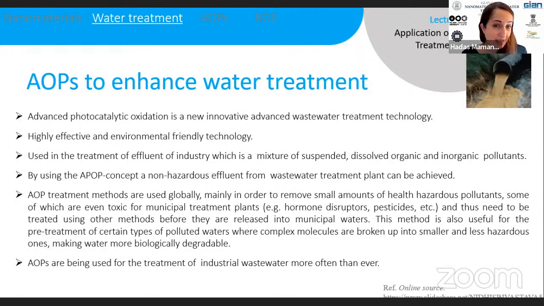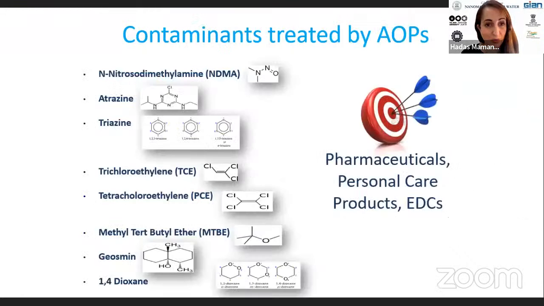It can also be non-hazardous, but we need to target the process to fit the needs, and it can make the wastewater more biodegradable. AOPs can be used for industrial wastewater, not only domestic wastewater, and can treat different contaminants, and this is just a very short list.